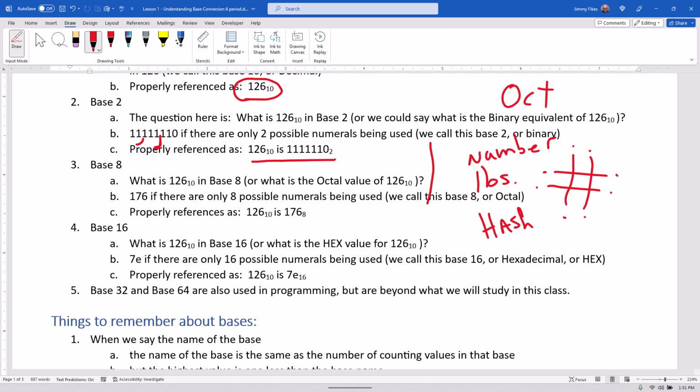Okay? So, what's the actual name of this symbol? Do you need to know this? No. Is it ever going to help you make money in life? No. But the real name for that thing is called an octothorpe. That's the real name of that symbol. You can remember it because it's got 8 little tentacles out.